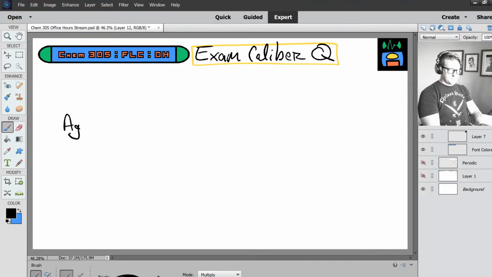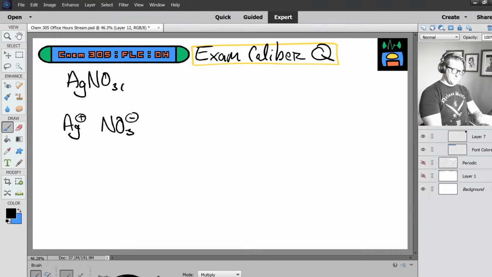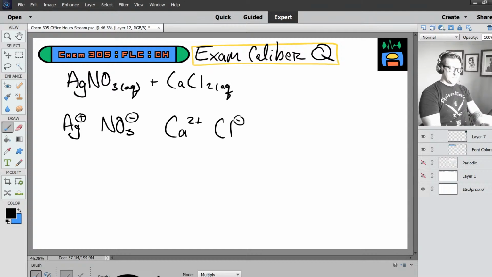Nitrate is one of our polyatomic ions, so aqueous silver nitrate will look like so. It reacts with calcium chloride. Calcium has a charge of +2, chloride a charge of -1, so we're going to need 2 chlorides for each calcium.